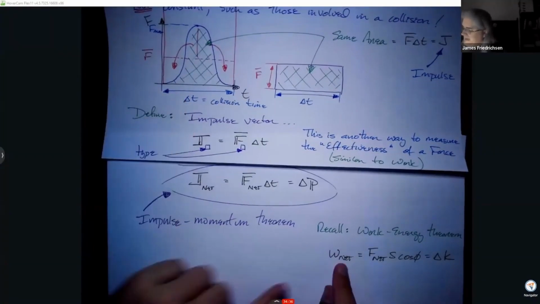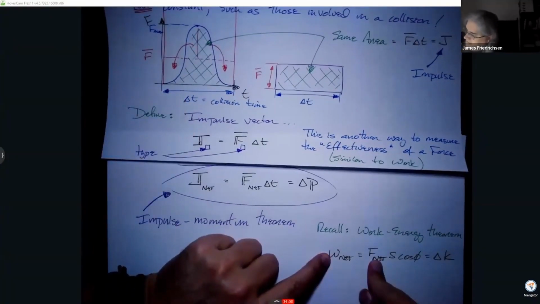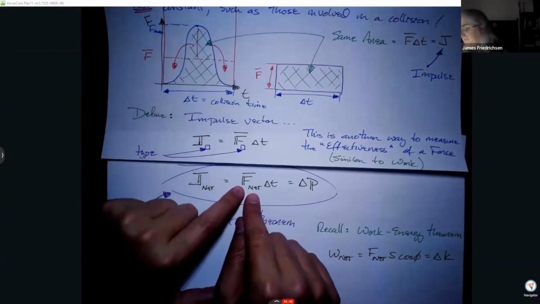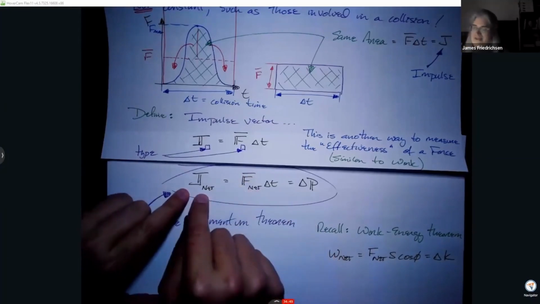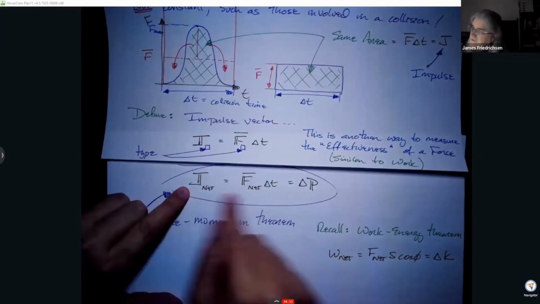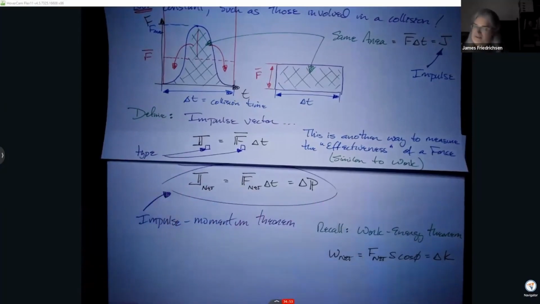So by having a net amount of work done created by our net force, we can get a change in the kinetic energy, a change in the motion, and having an average net force acting for some amount of time gives you a net impulse acting on the object, which causes a change in the momentum. So again, a change in the motion of an object.